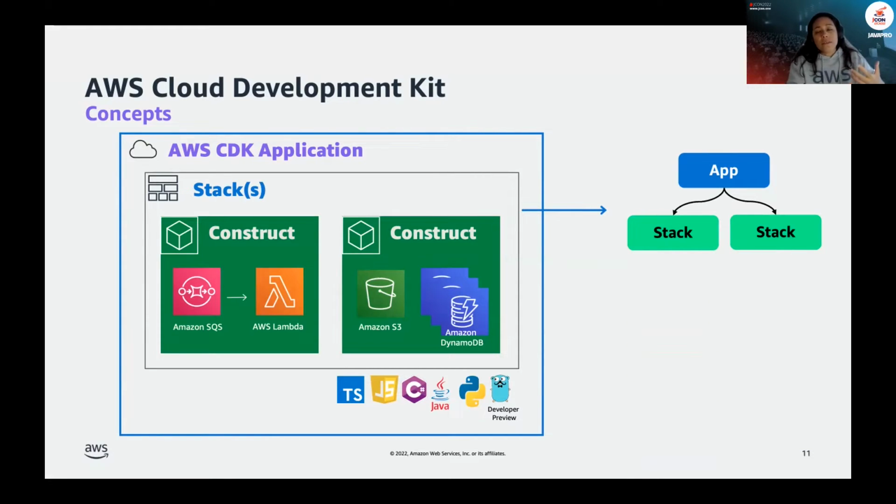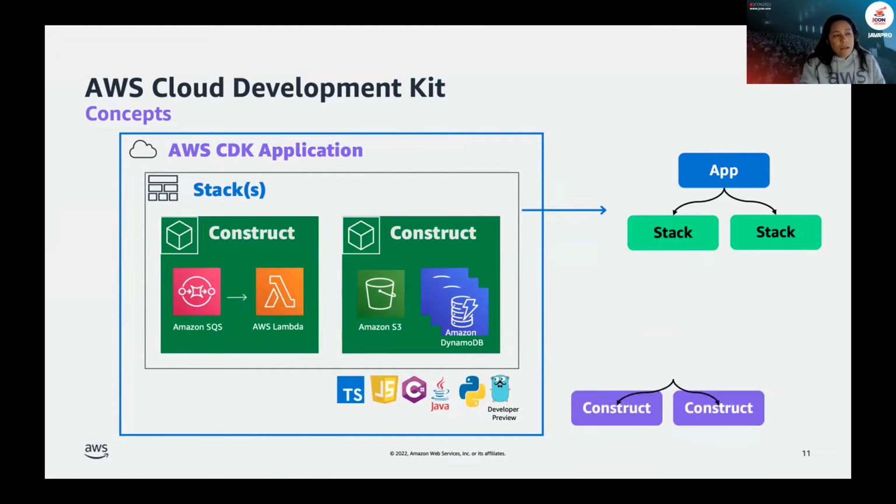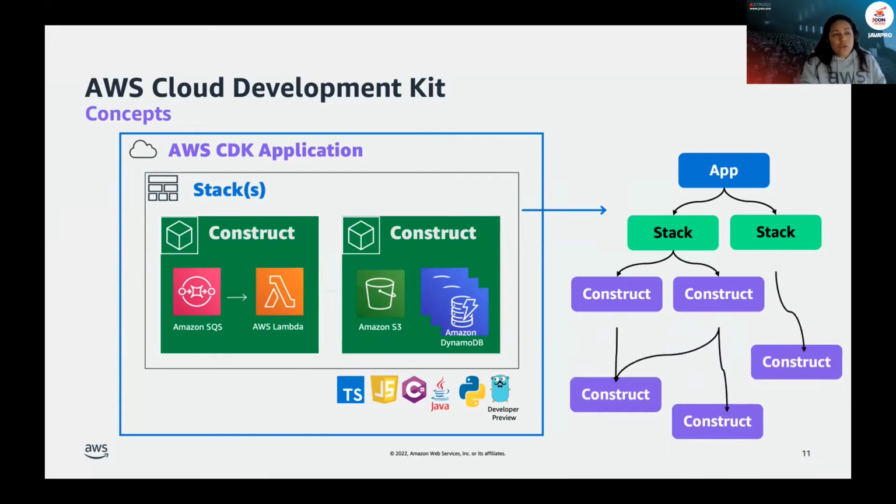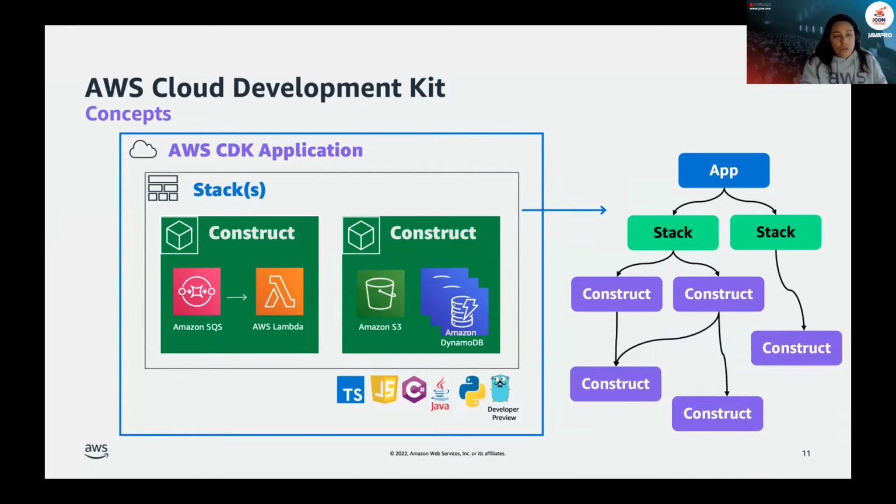So we're going to instantiate our stacks, and we're going to pass that application, that CDK app, as their scope. And when we declare constructs, we're going to use the stack as the scope for them. And constructs can also be declared in the context of other constructs. So another construct can also work as a scope for a different one.